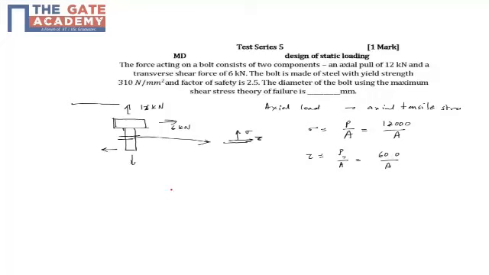Now what does the maximum shear stress theory of failure say? It says that tau max, the maximum shear stress at a point in a complex loading, should be less than or equal to the max shear stress at the time of yield in a uniaxial test.